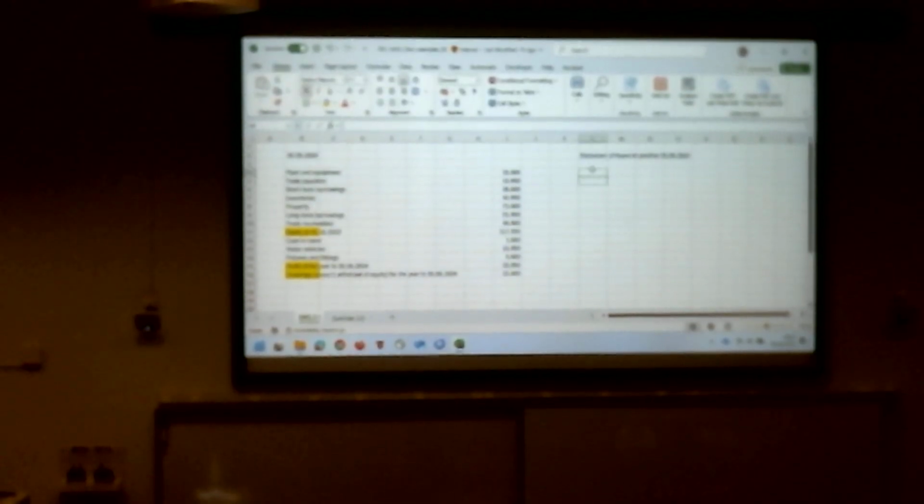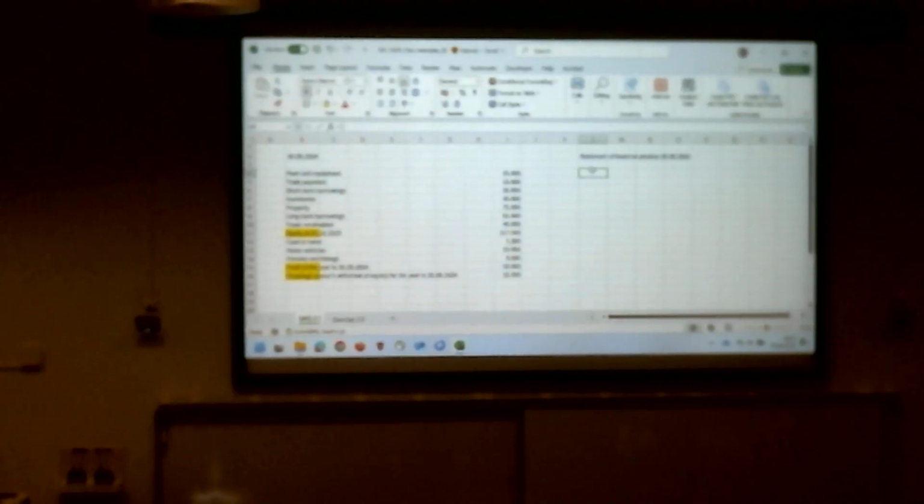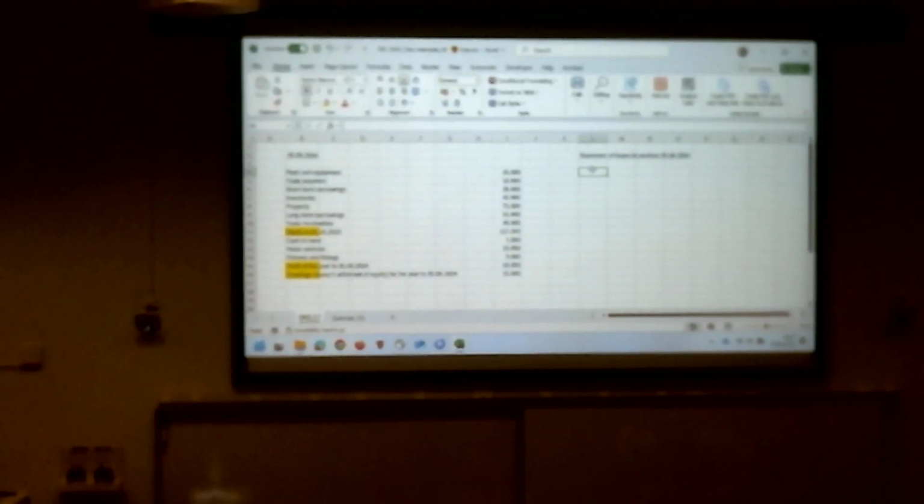Okay, then if I want to set up a statement of financial position, with what do I start? So I'm talking about the headlines now, not the first item. Assets.